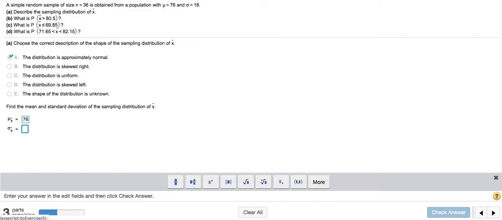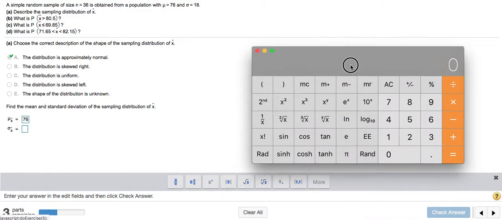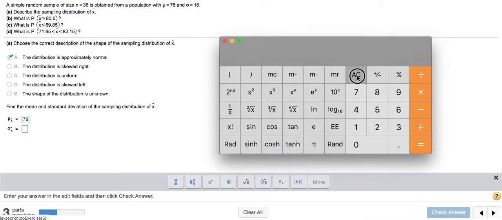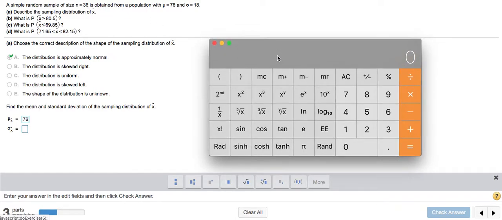I'm going to bring up a calculator to get that. You can use any calculator that you like. So again, that procedure is you take 18 and you divide by the square root of 36. If you have this calculator on your phone, this is how you would enter it. You take 18 and click divide by.